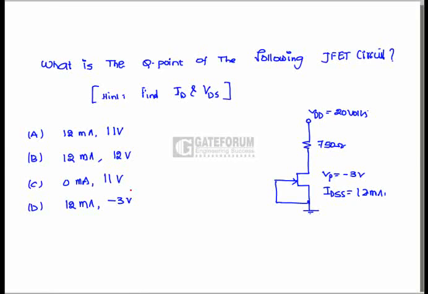For the JFET circuit shown in the figure, we need to calculate the Q point, that means ID and VDS. For the JFET circuit, the drain current equation is ID equals IDSS times (1 minus VGS by VP) whole square.